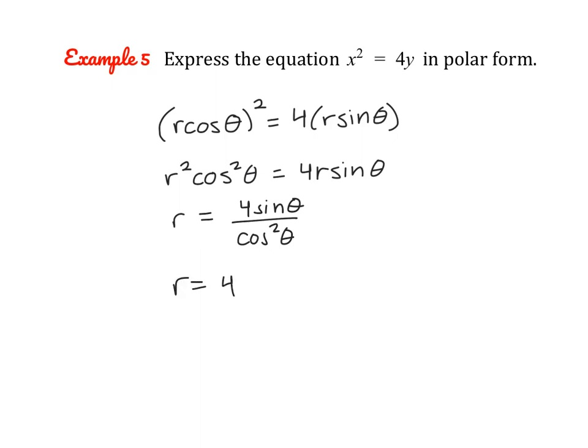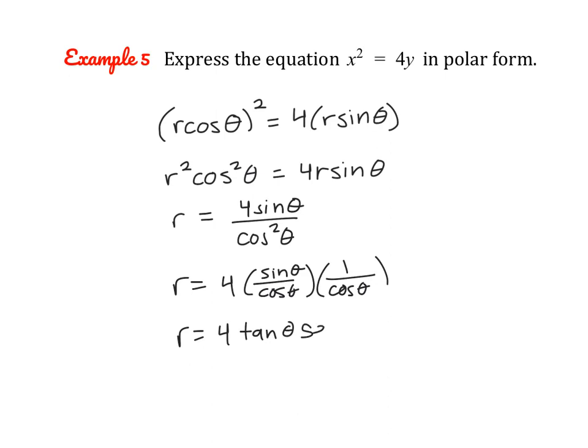You'll notice here we can write this as sine over cosine times 1 over cosine. So we can write this as 4 times the tangent of theta times the secant of theta. So instead of having a ratio of trig functions, we have just a simple product of trig functions.